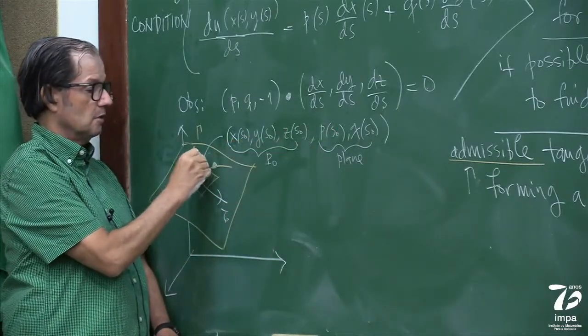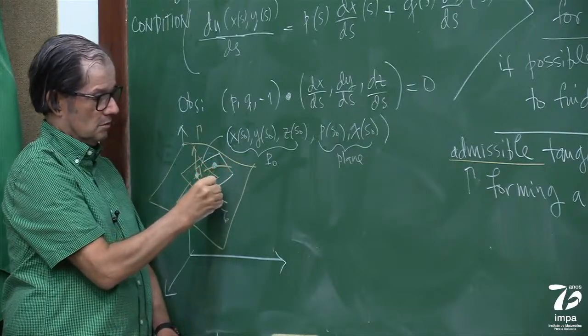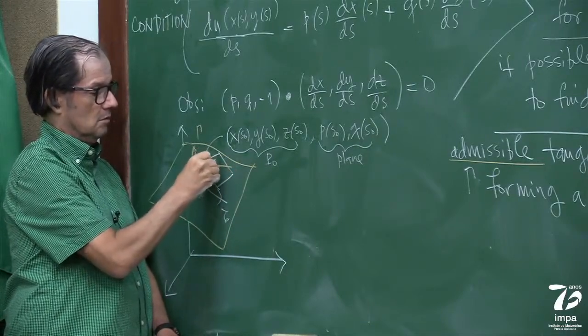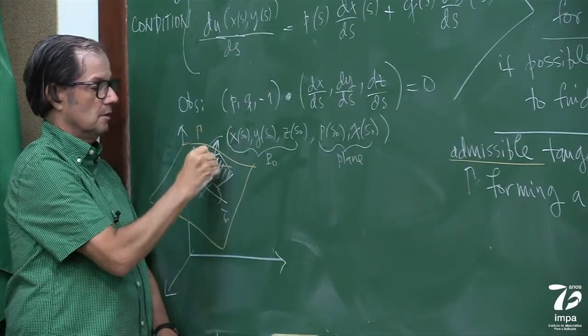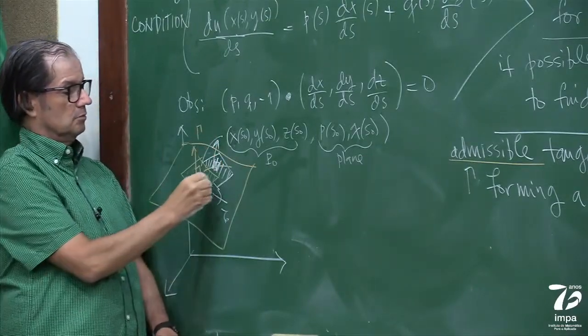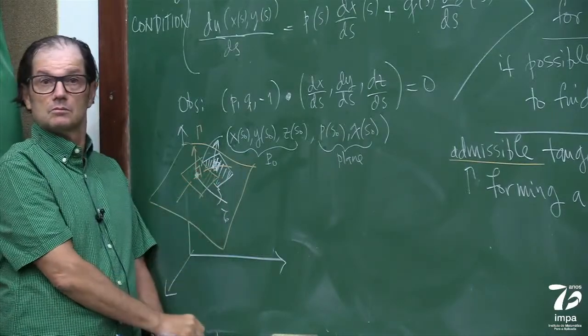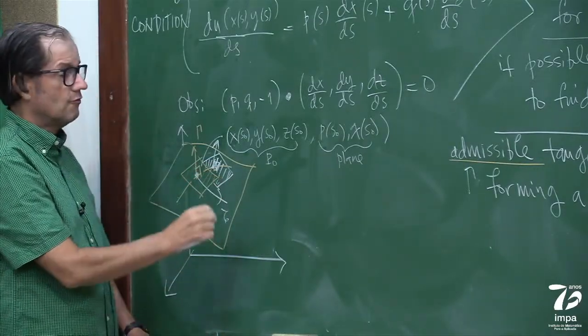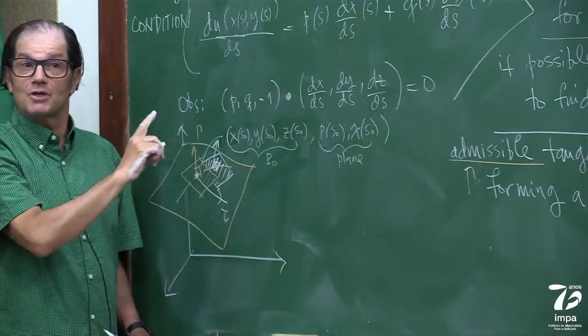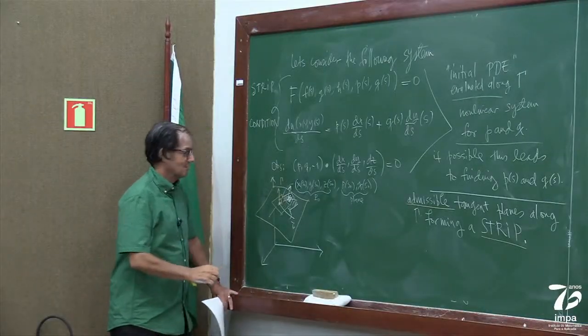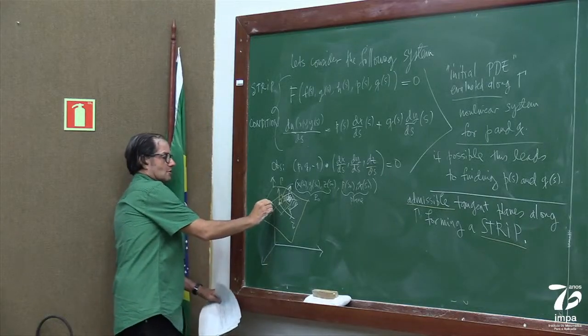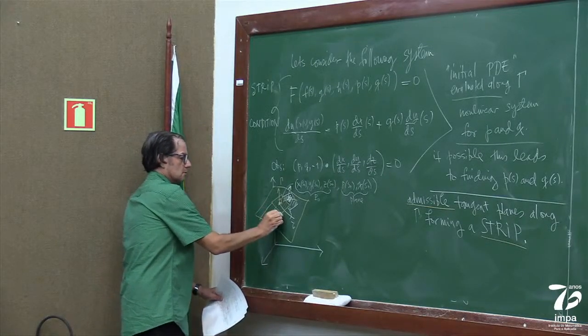And that will give me another tangent plane with another normal. Therefore, this is called the strip condition. I've got to be careful with the Brazilian flag here. So this is the strip condition because this is the strip.